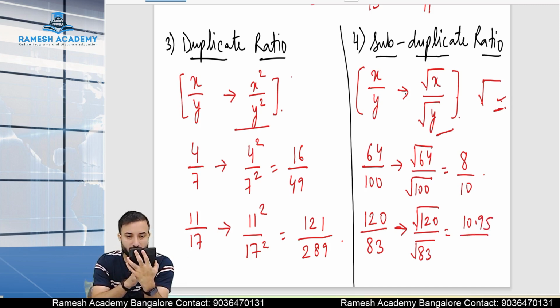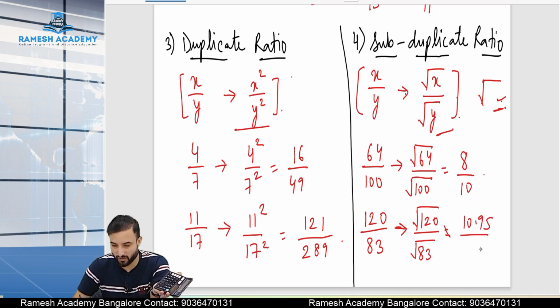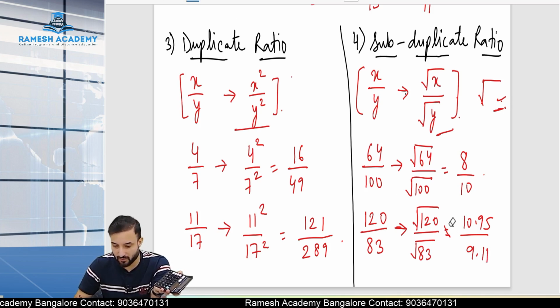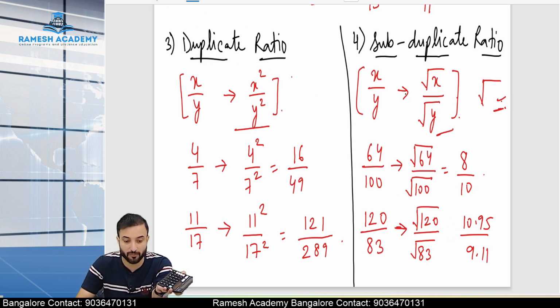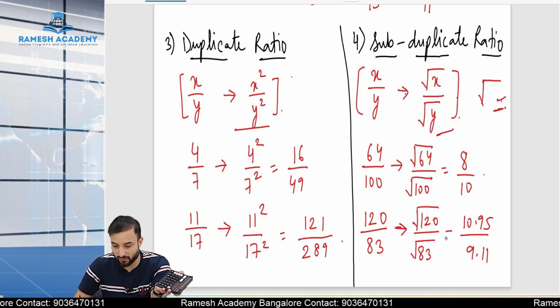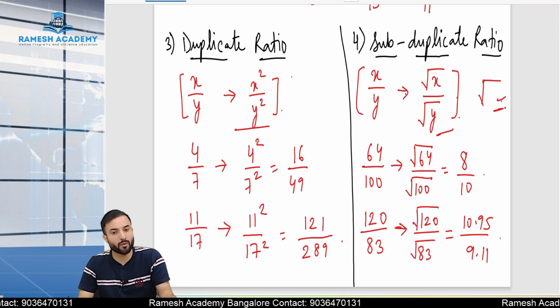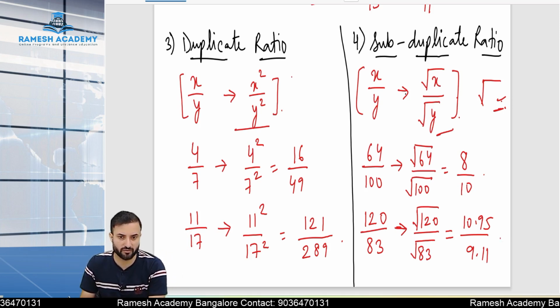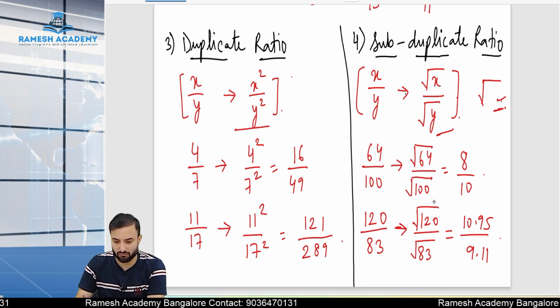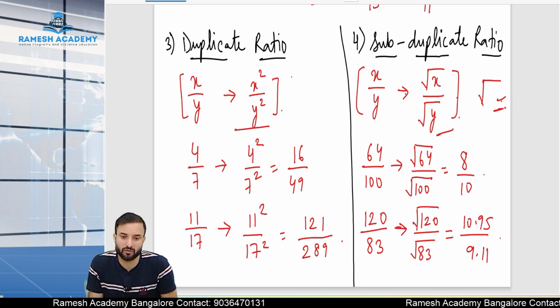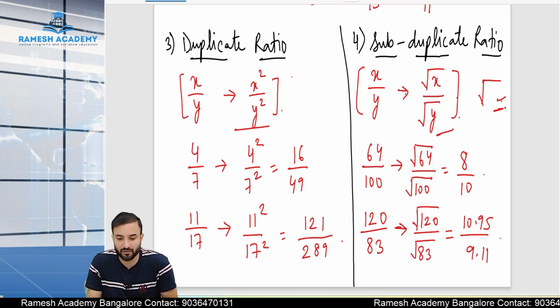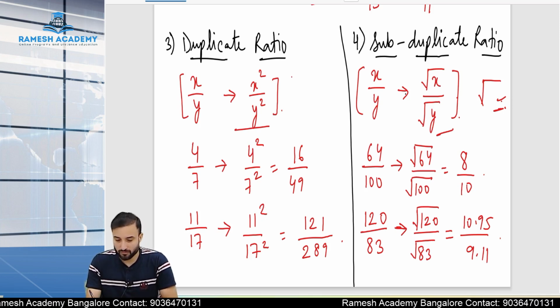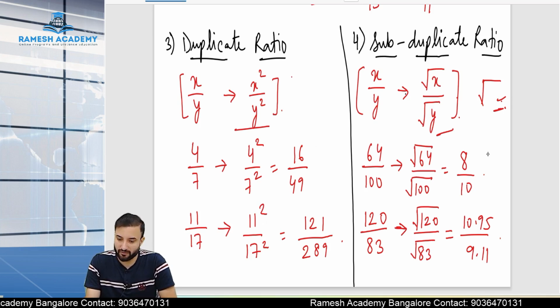Same 83 square root 9.11. And one thing guys, don't get confused that oh, the option is coming in decimal, means the ratio is coming in decimal. No worries, it can come, who cares? Okay, so 10.95 is to 9.11, that's it. Okay, so duplicate ratio and subduplicate ratio.